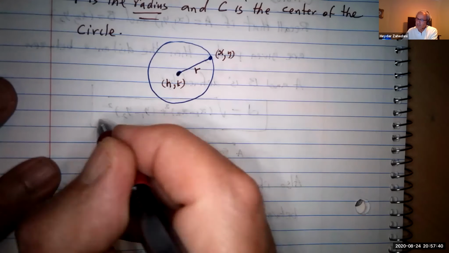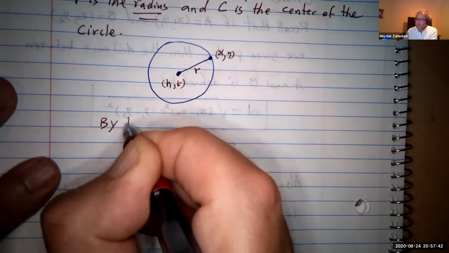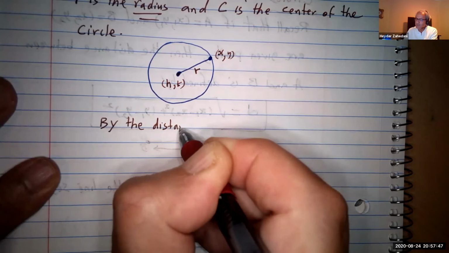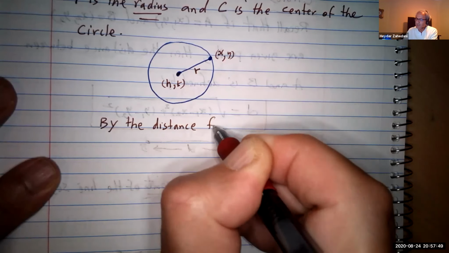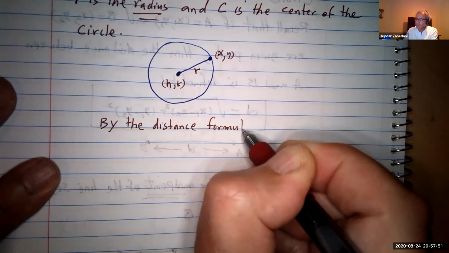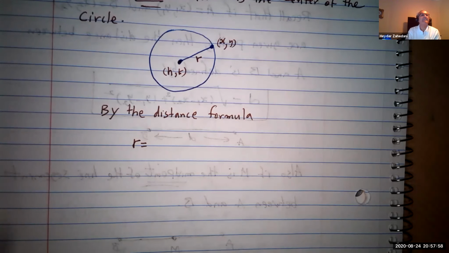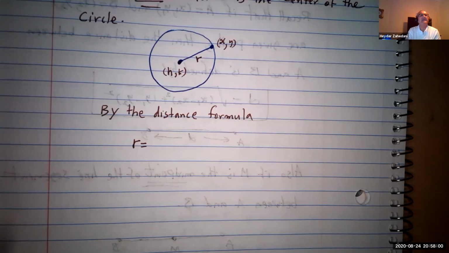So by the distance formula, you see, this r is the distance between these two points.